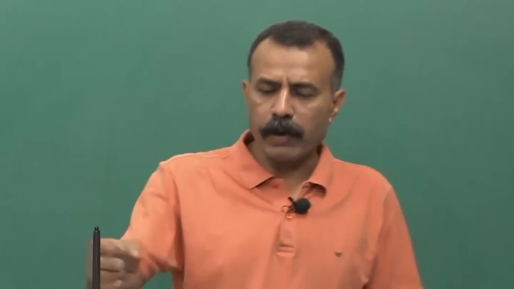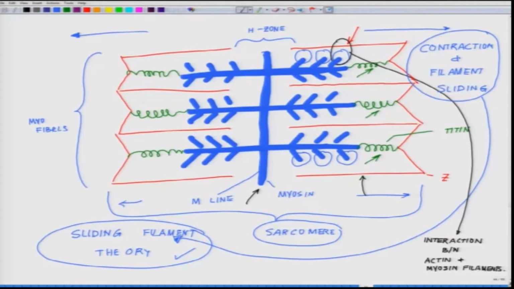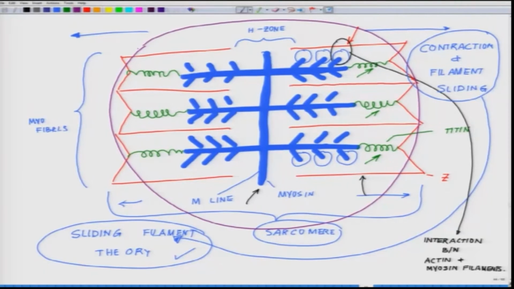Okay. Now, coming back to the self-assembly of these two things, in the previous class we ended that they form something like this, a sarcomere like structure out here, which is called a sarcomere unit. Now, today we will talk about even further self-assembly of these myosins and these actins.